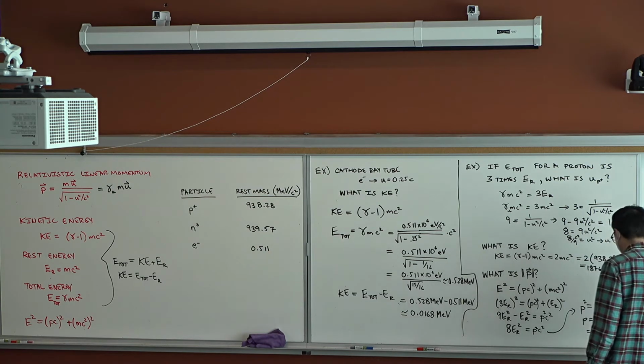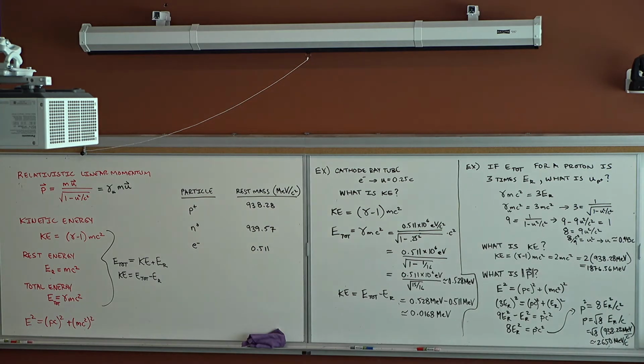MeV over C is a unit of momentum: mega electron volt per speed of light.